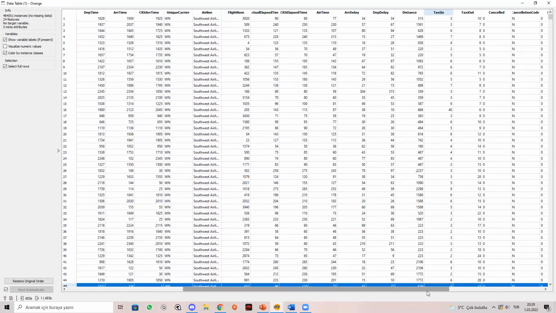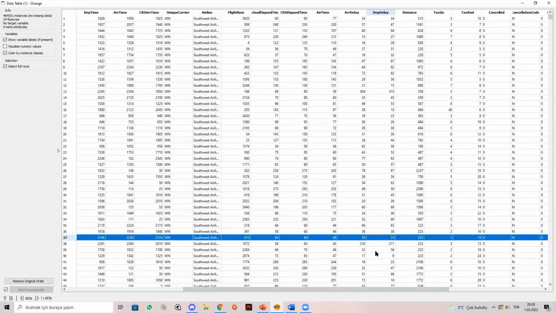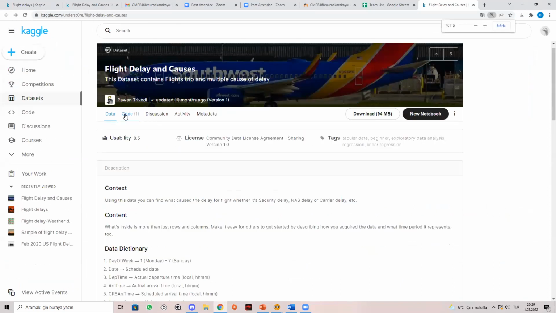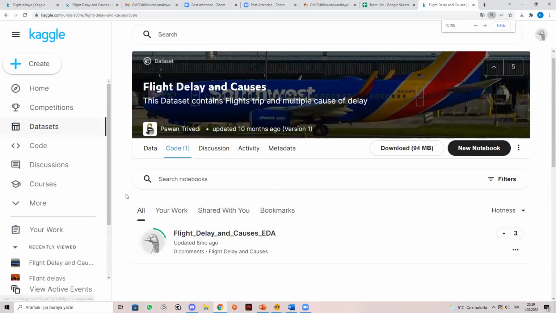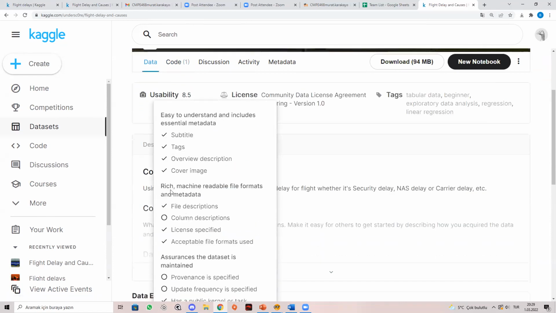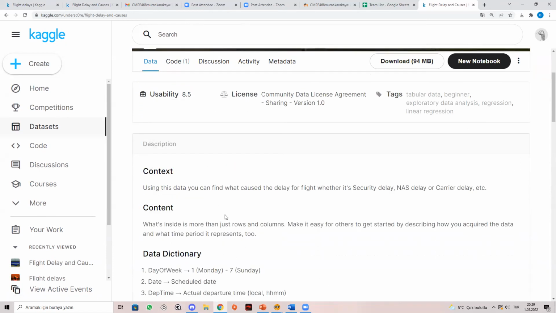On that website, did you check the code notebooks that they are using? Only one, right? It is just the EDA, the exploratory data analysis. You see, not many people pay attention to that data set because it is maybe not so usable in a regression or classification problem.